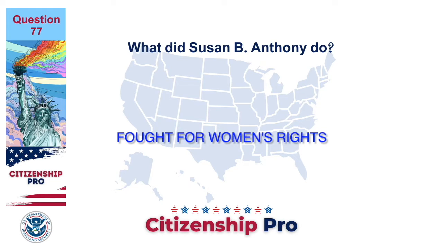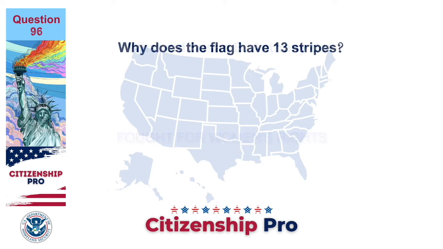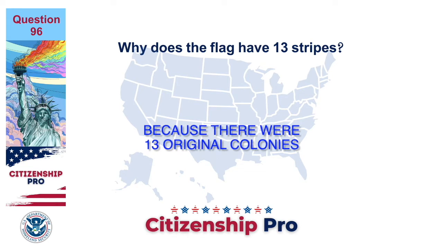Fought for women's rights. Why does the flag have 13 stripes? Because there were 13 original colonies.